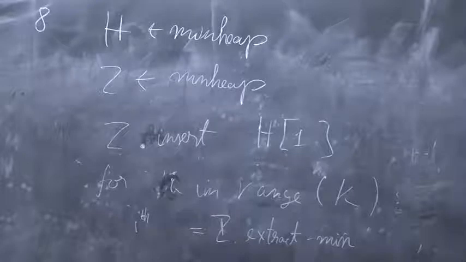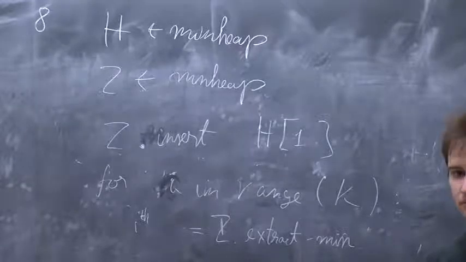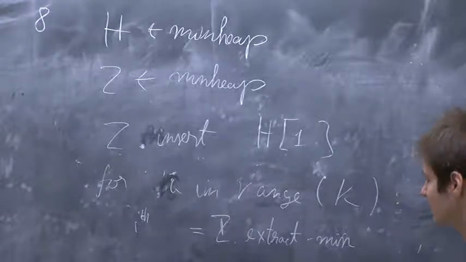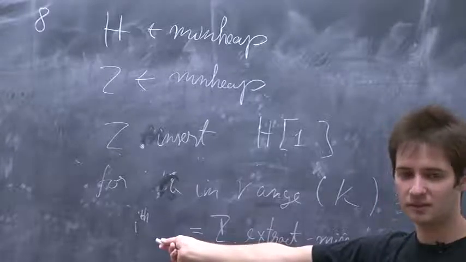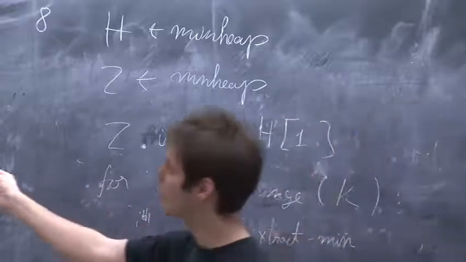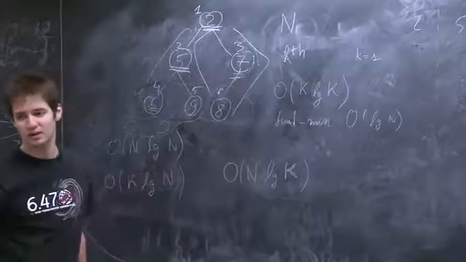How do I do that? It's 2i and 2i plus 1. Okay, so this is if I know the index, right? But when I'm putting things in the heap, the keys are going to be the values so that I can take out the minimum.